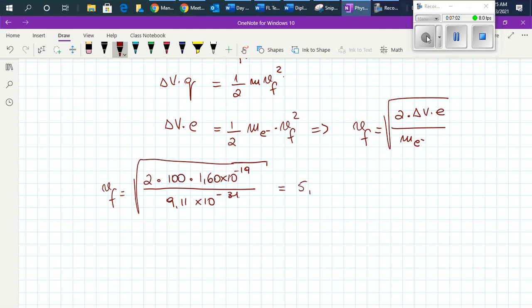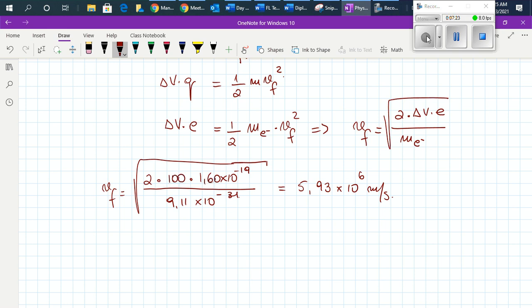So we'll have 5.93 times 10 to the power of 6 meters per second. Okay, so the final speed that the electron is hitting that positive plate will be 5.93 times 10 to the power of 6.